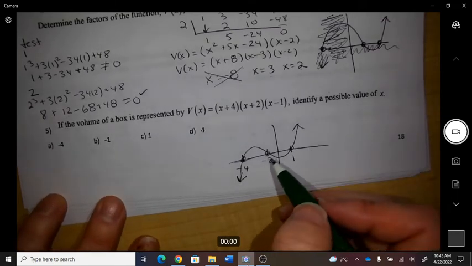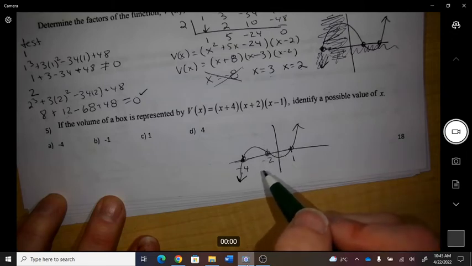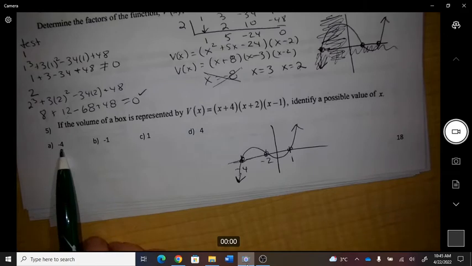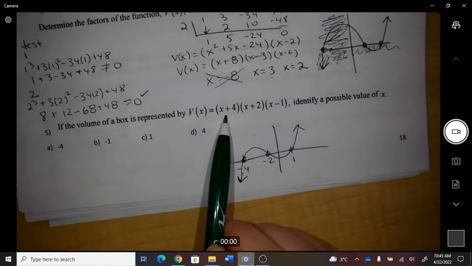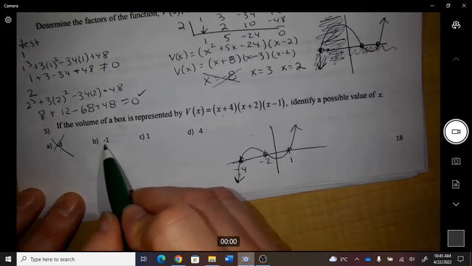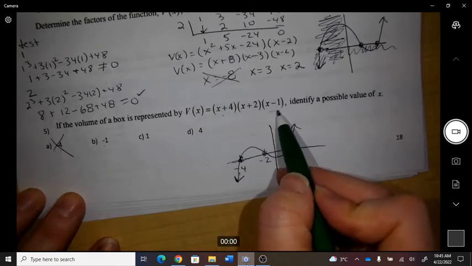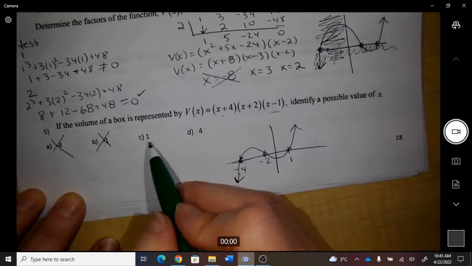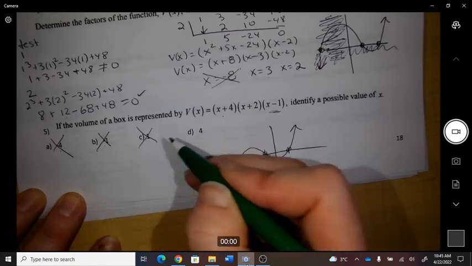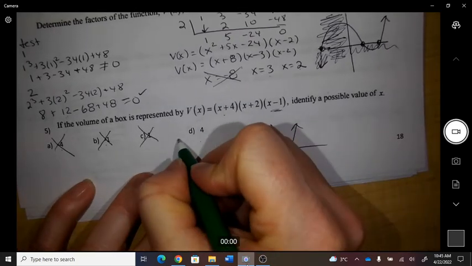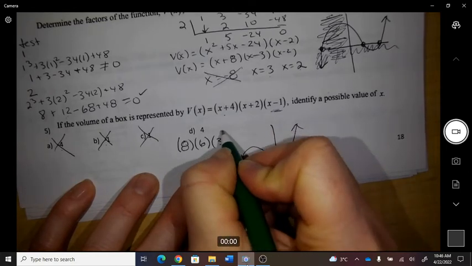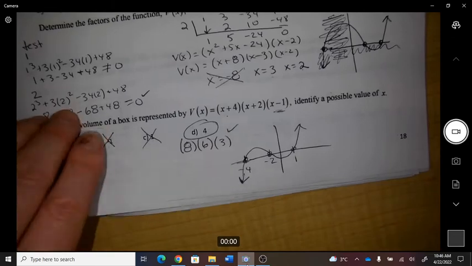We understand that x, we can't have a negative dimension, so if this was negative 4, plugging it in would create a 0 dimension, so that wouldn't work. Plugging this in would create a negative dimension on that. Plugging this in would create a 0 on that, so that's not a dimension. Plugging 4 in would create an 8 times a 6 times a 3, so that would work.